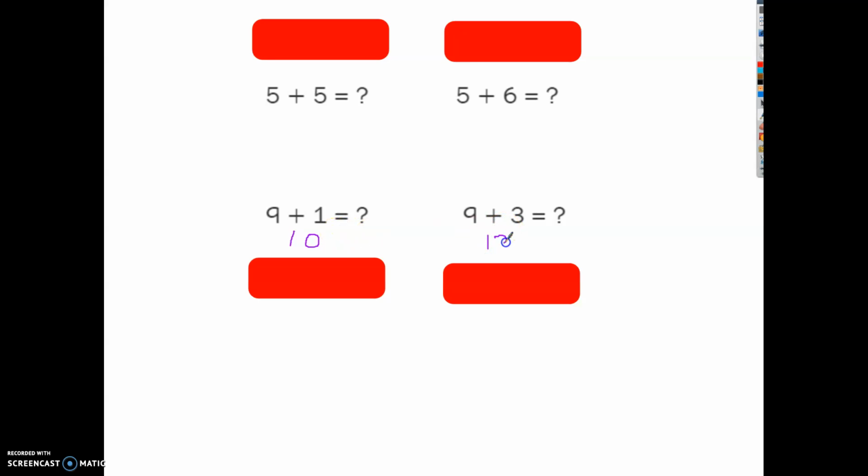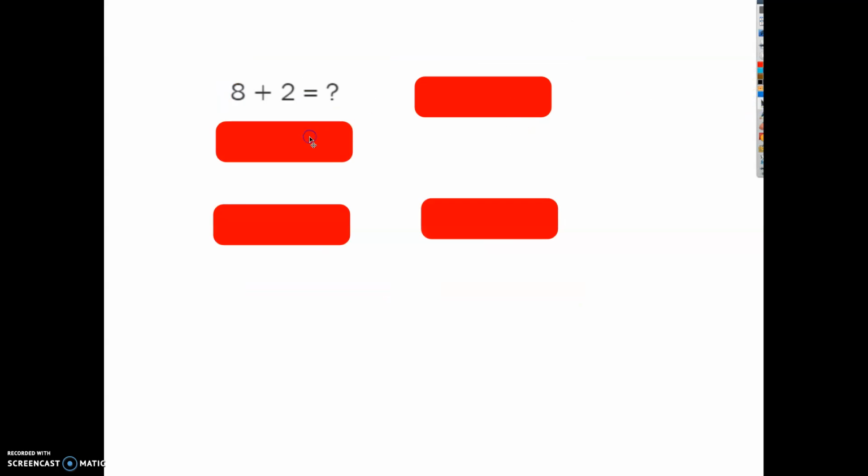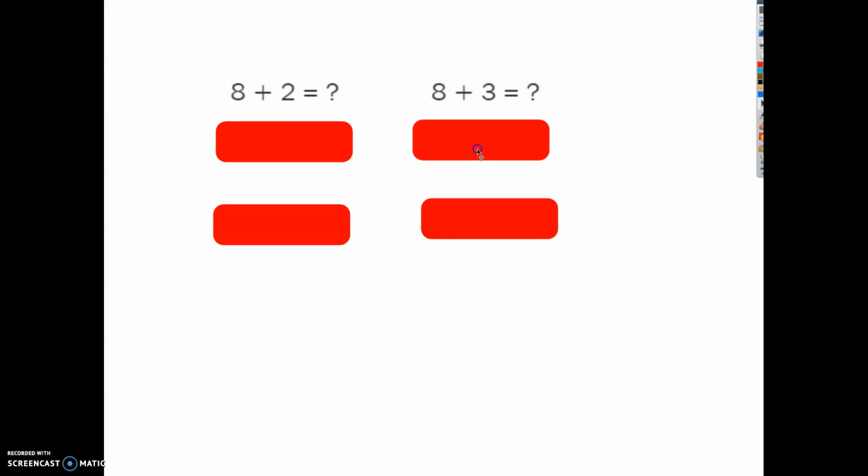So that has to be 12. All right, here we go. 8 plus 2 is 10. How can I use that to help me figure out 8 plus 3? Well, 3 is 1 more than 2, so if this is 10, this has to be 1 more. That has to be 11.